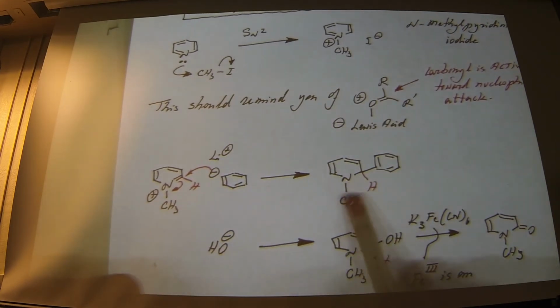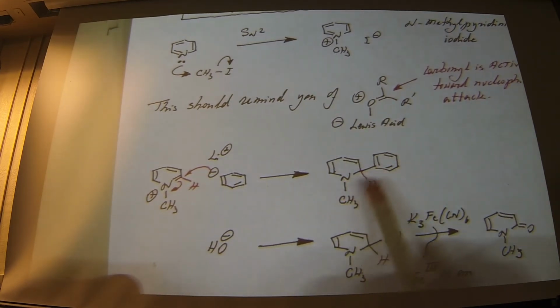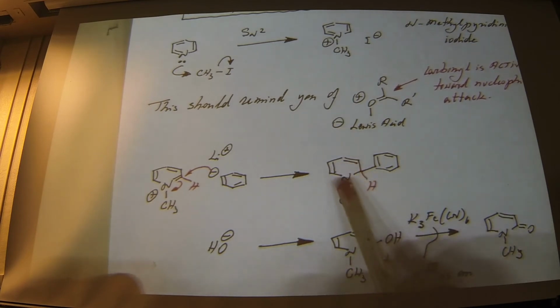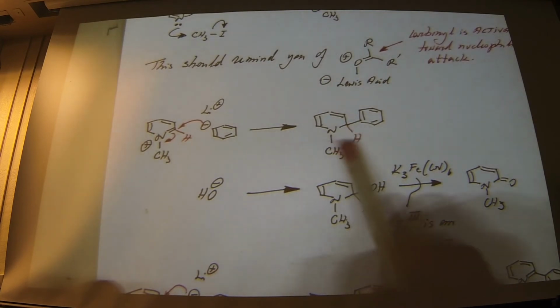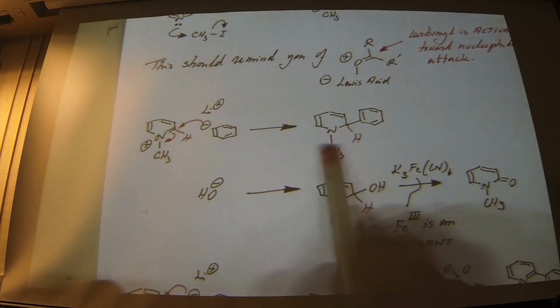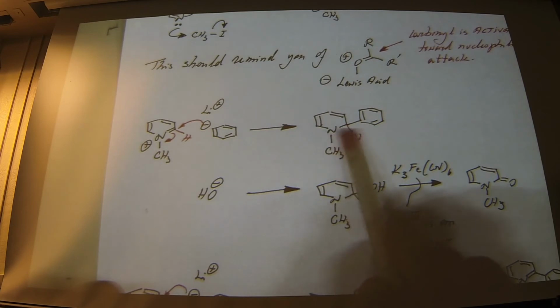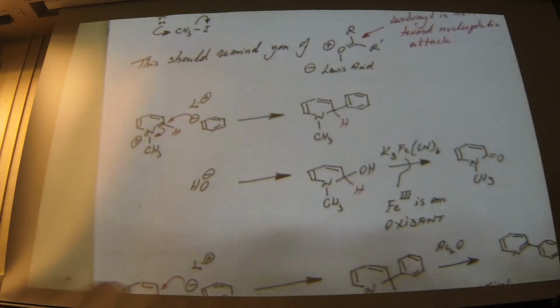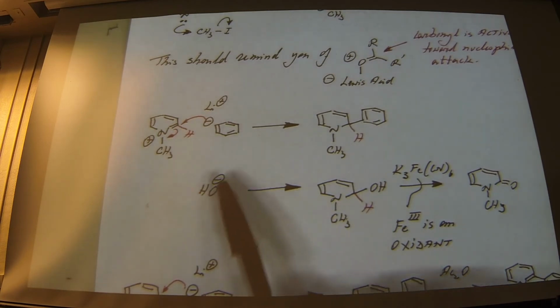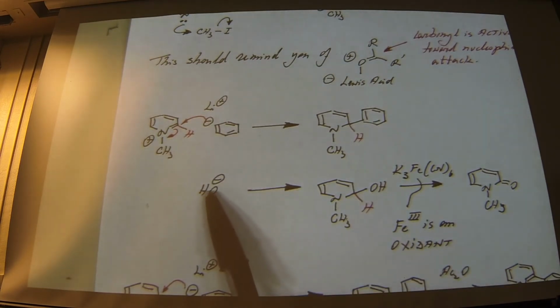But so you can cleave that, but of course you also don't have a pyridine anymore. Because you don't end up expelling the hydride, you end up with a reduced pyridine. It turns out that if you could cleave the N-methyl group, then there are ways to oxidize it back to pyridine. So this trick works in general. It's a good trick. You can use much weaker nucleophiles, weaker bases than this.